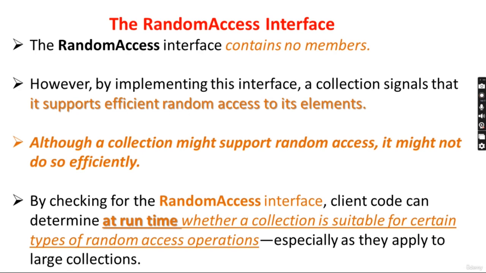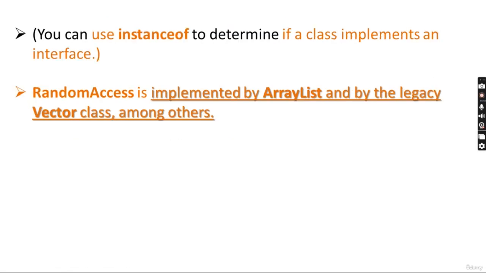You can use instanceof to determine if a class implements an interface. If the class is an instance of RandomAccess, then it is actually implementing the RandomAccess interface. RandomAccess is implemented by ArrayList and by the legacy Vector class, among others.